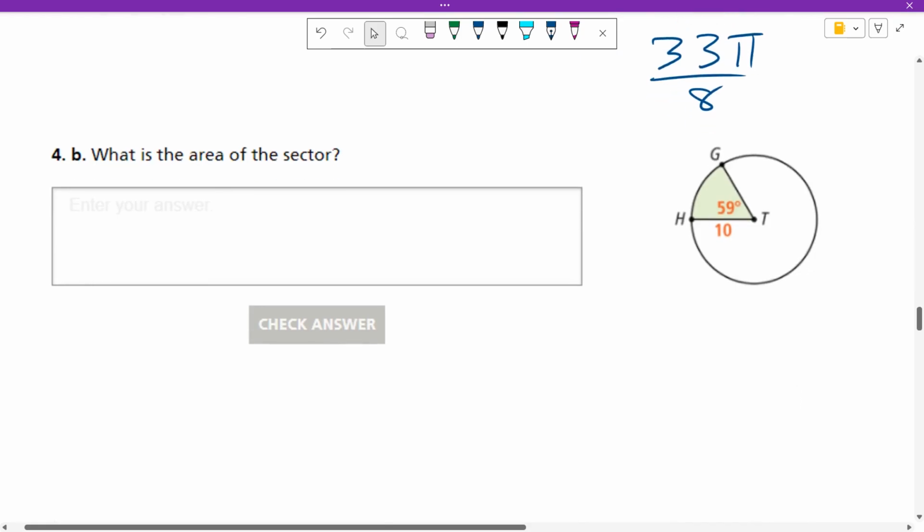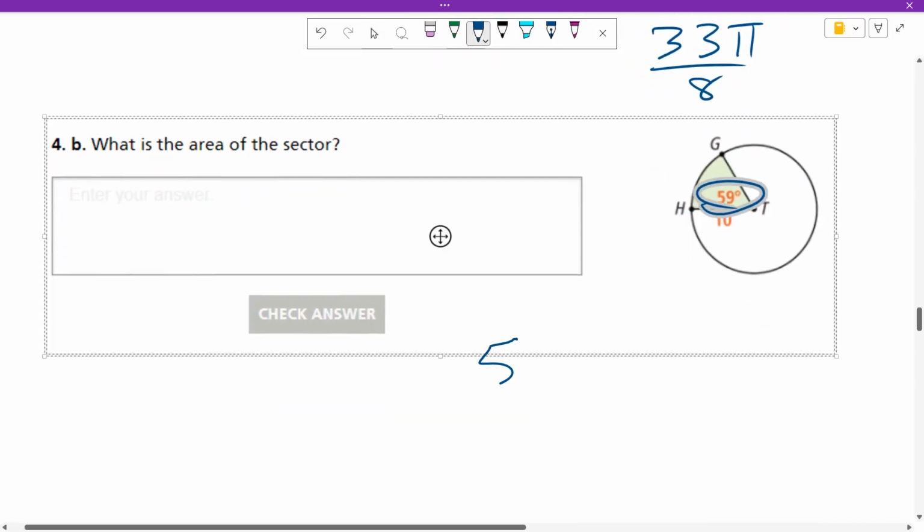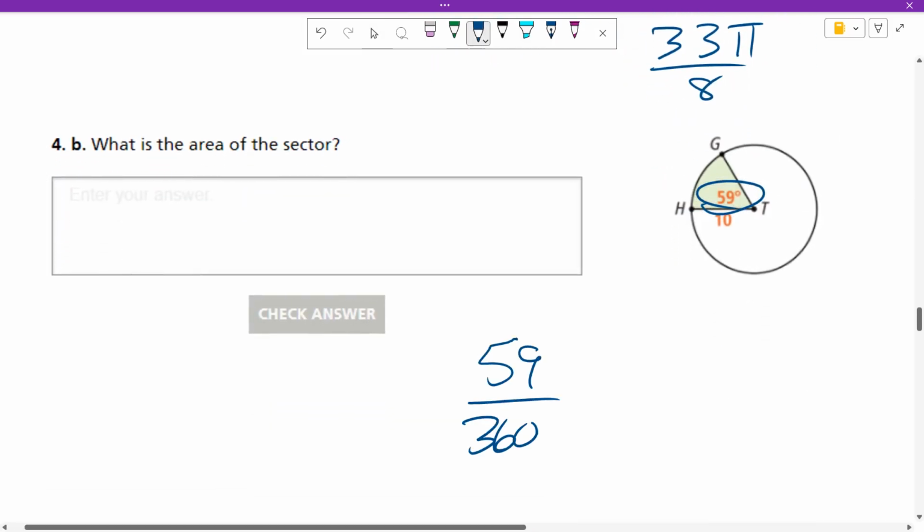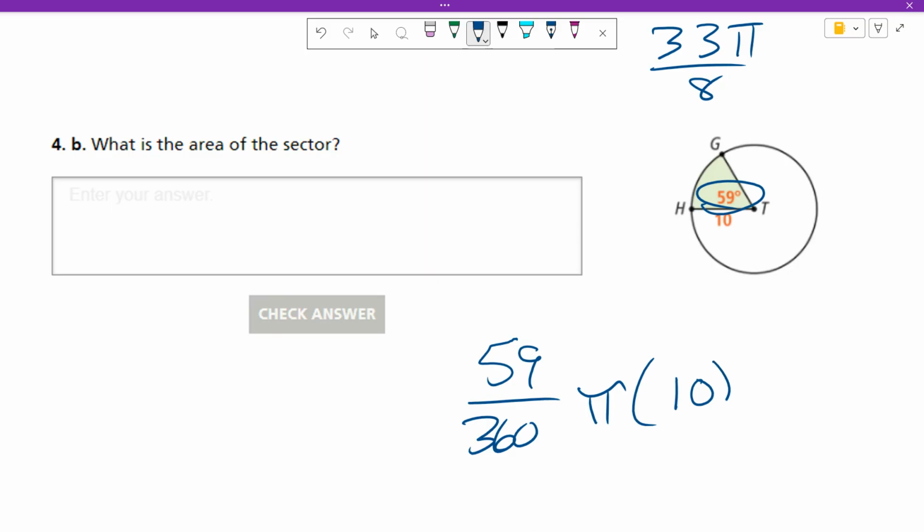Okay, one more time. Area of this sector. How do we set it up? What times what over what? What do we do here? Ethan, what do we do? That is a good question. That's why I asked you. 59 over 360 times pi 10 squared.